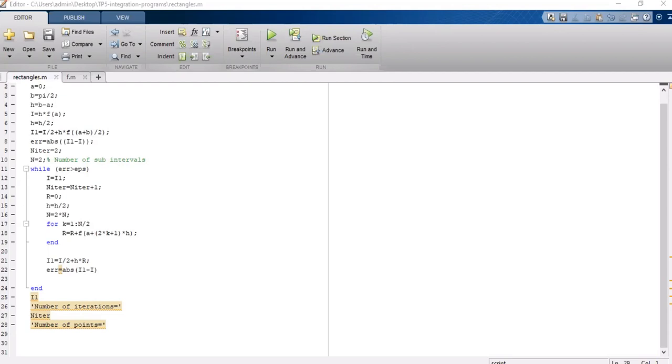So you get 19 iterations here. To get the result, we need 19 iterations.